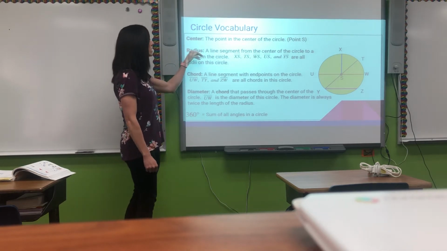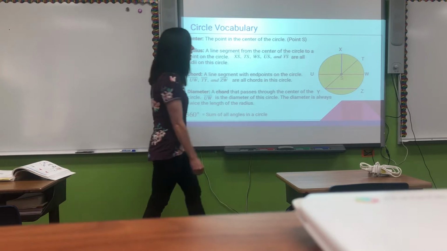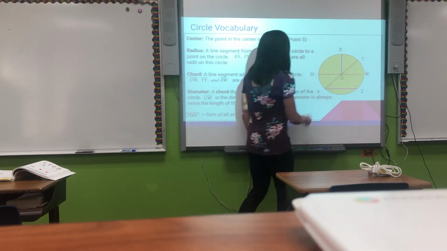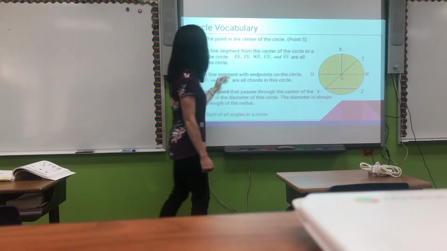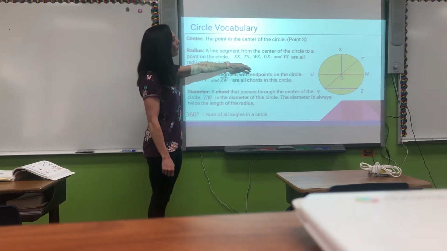The first thing you'll need to know how to find is the radius. So the radius is a line that goes from the center to the outside. Okay, it has to start in the center to the outside. So we have lots of radii, it's the plural of radius if you didn't know that.